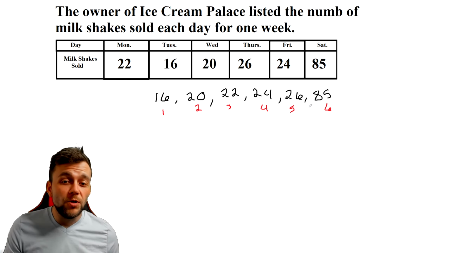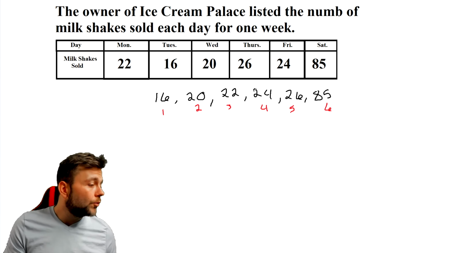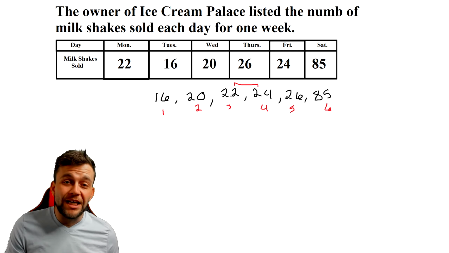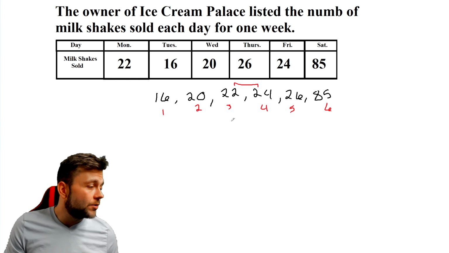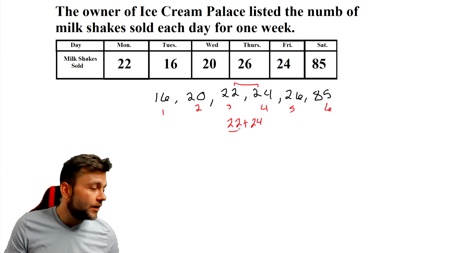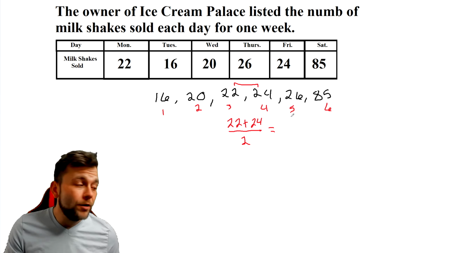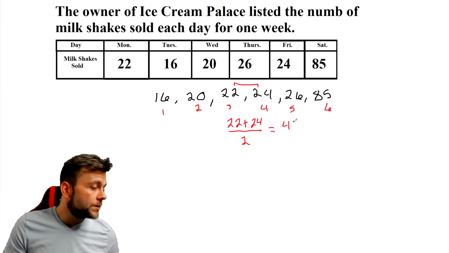So what we must do is find the middle two, which would be 22 and 24, and we're going to add them together. So we get 22 plus 24, and then to take the average, you divide by how many numbers you added. So we divide by 2. So 22 plus 24, that is 46, divided by 2, and that equals 23.